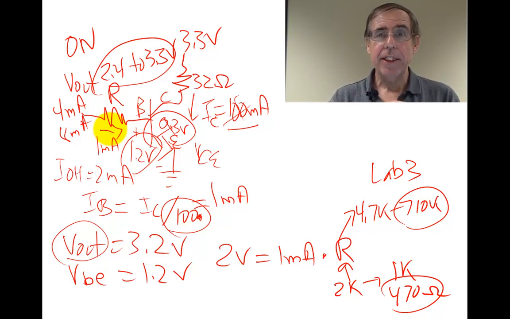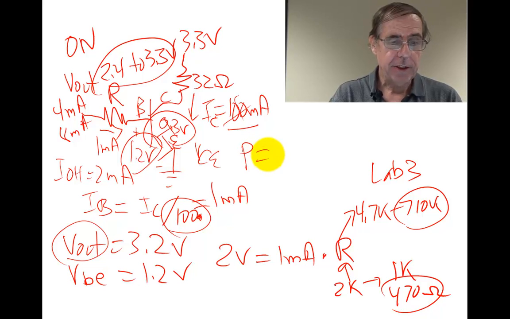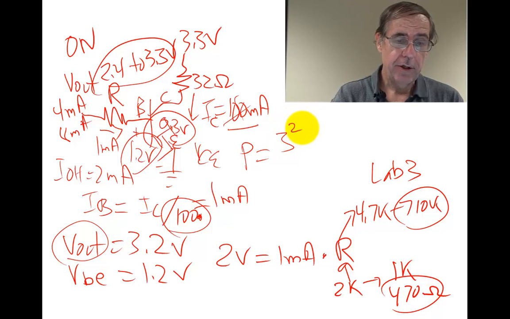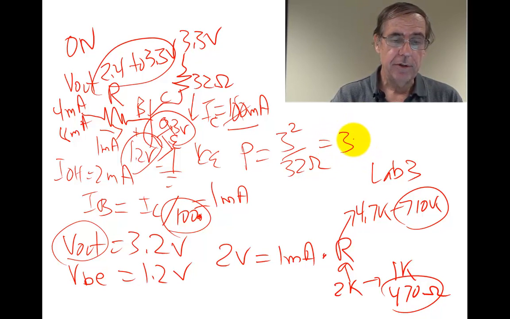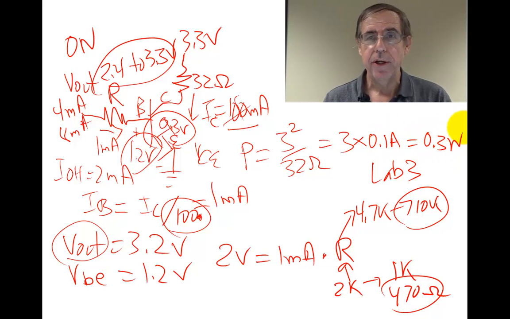Okay? Let's look at the power, because that's interesting. In full bore mode, the power here is going to be, as we calculated earlier, 3 volts squared divided by 32 ohms, or we could do 3 volts times 0.1 amp, and we can see that we're going to be driving about 0.3 watts.